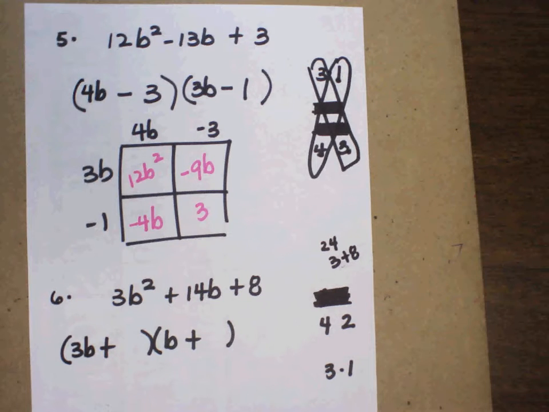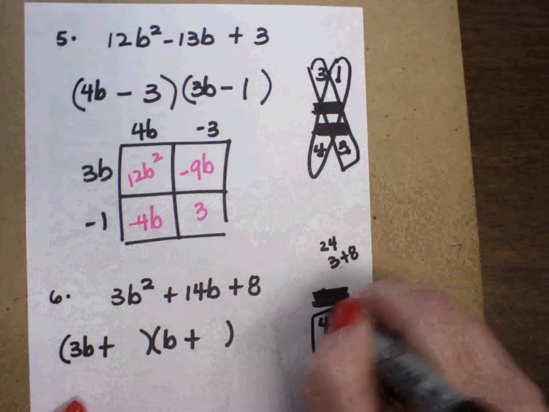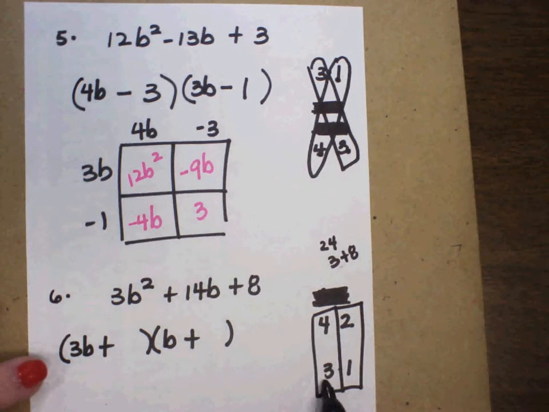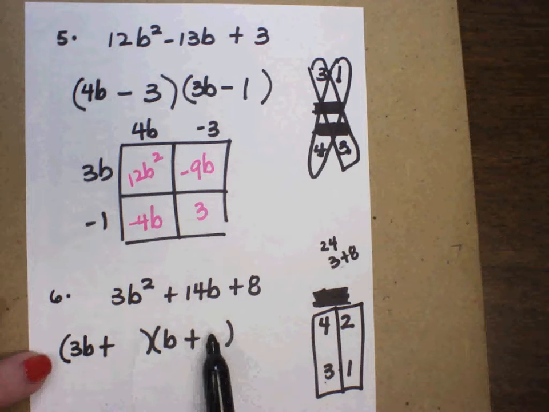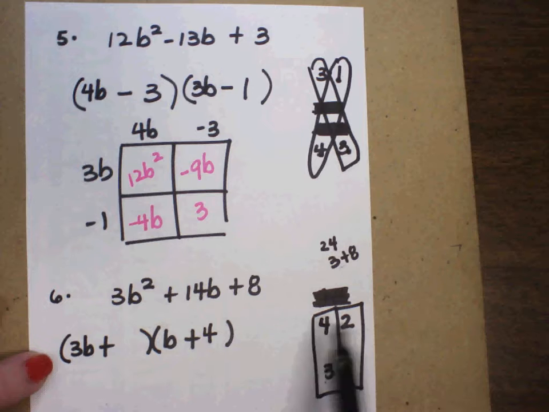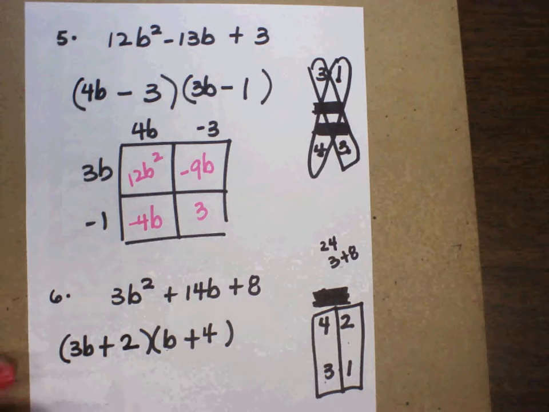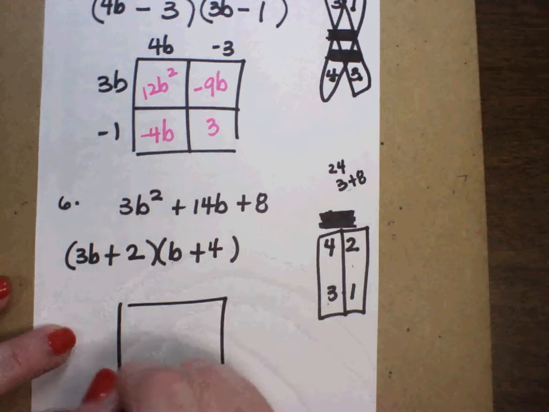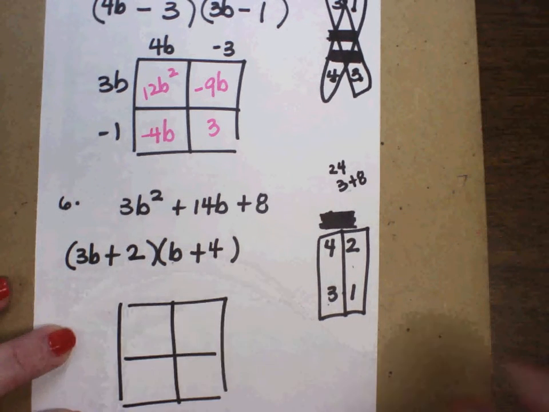Yes? All right, that one right there. 3b squared, 12b, 2b, and 8. There's your 8, there's your 3b squared, and when you add that, there's your 14.